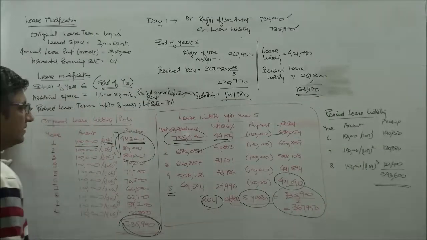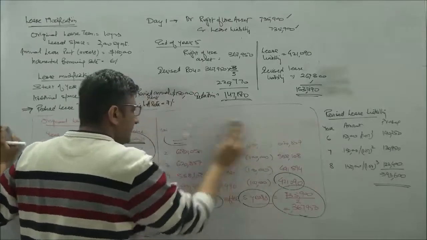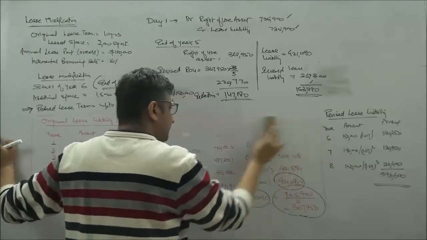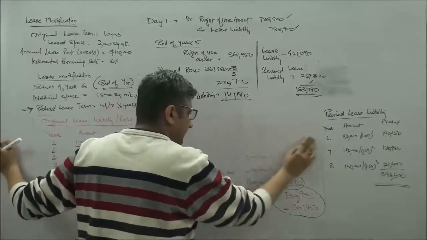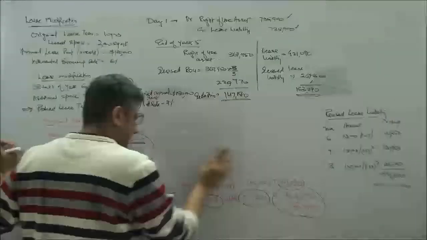All right. So I think I can now use this space which we have done the calculations on, and I'm saying that, well, there is a reduction in my lease asset, the ROU basically, and there is a reduction also in my lease liability. Any difference between the two simply is taken to the income statement.